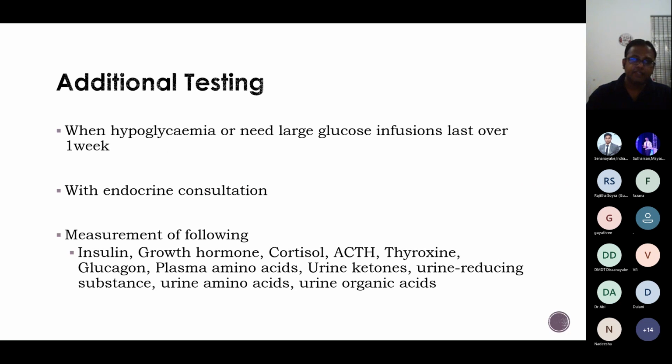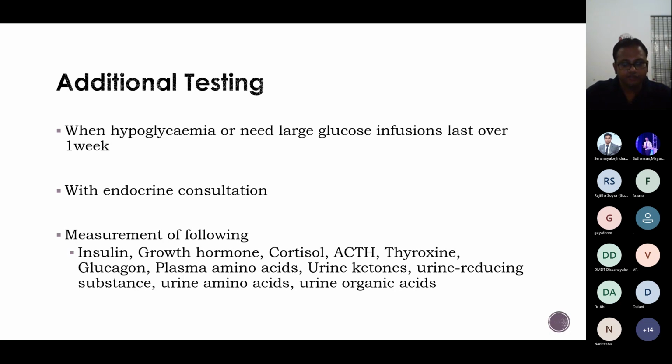So what are the additional tests on these children? Especially if the hypoglycemia lasts for a long period, like 1 week, or if they need large amounts of glucose infusion for more than 1 week, then we have to do additional testing and get endocrinologists involved.